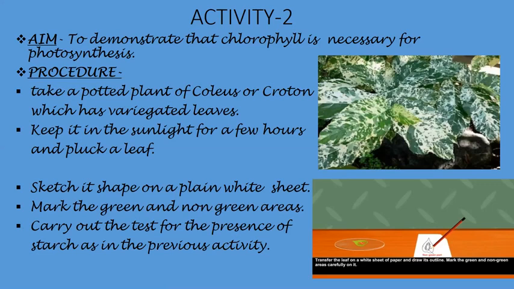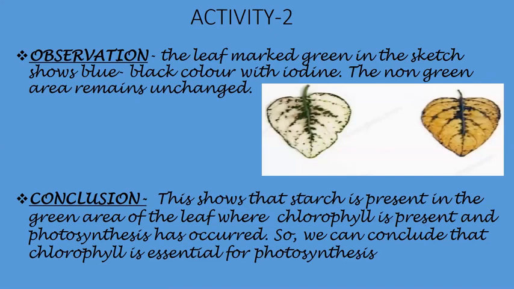Now, keep it in the sunlight for a few hours and pluck a leaf. Sketch its shape on a plain white sheet. Mark the green and non-green areas of the leaf on the white paper. Carry out the test for the presence of starch as you have done in the previous activity. What do you notice?